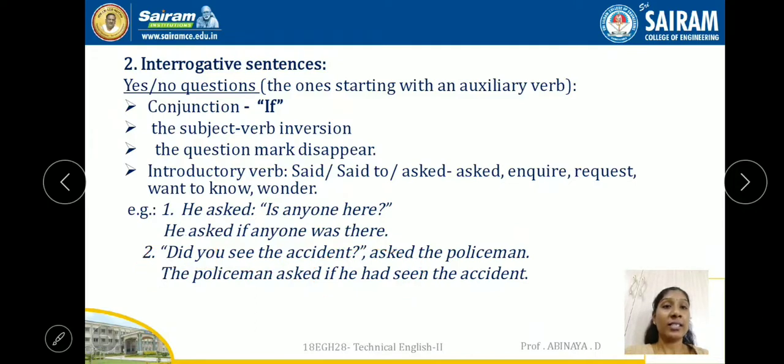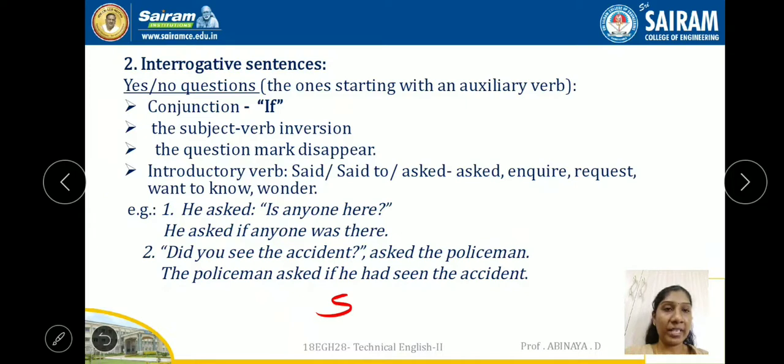So here let us see. "Did you see the accident?" asked the policeman. So the reporting clause is in the last, and it has to come in the beginning. So the policeman asked, the conjunction word "if", and "you", the second person pronoun, has to change to "he". So "he", the subject, comes first, and "did", past tense, becomes past perfect: "had".